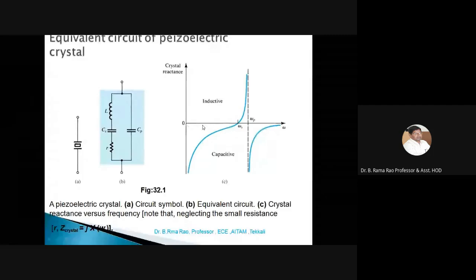That is the graph of the crystal, drawn between reactance and frequency.